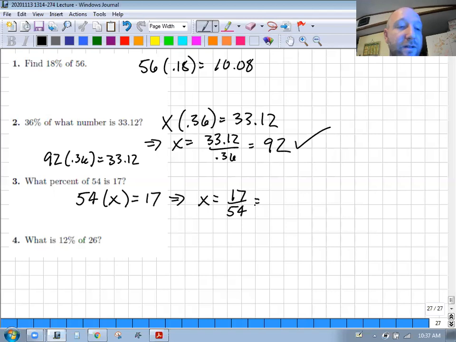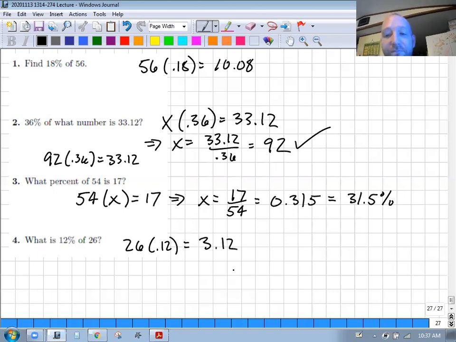So 17 divided by 54 is 0.315 or 31.5%. We convert it to a percentage. What is 12% of 26? 26 times 12%, 26 times 0.12 equals 3.12.